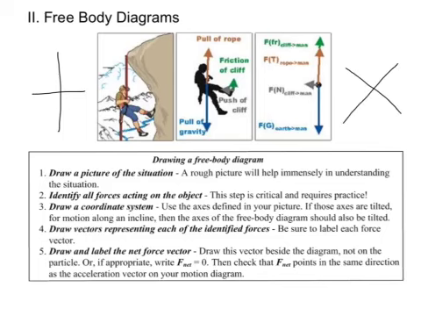Okay, we'll draw vectors representing each of those identified forces, and then draw and label the net force vector on this. So if we look at this example here, these forces are all drawn in relation to their size, and they point in their respective directions.